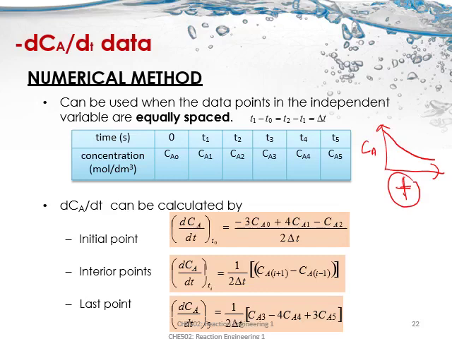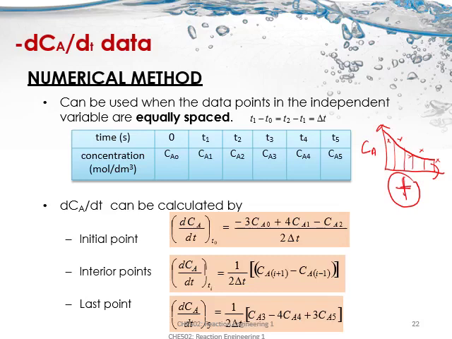There are here 5 points, it could be like this, as long as there are 5. So you are going to identify the values for equally spaced concentration with respect to time.